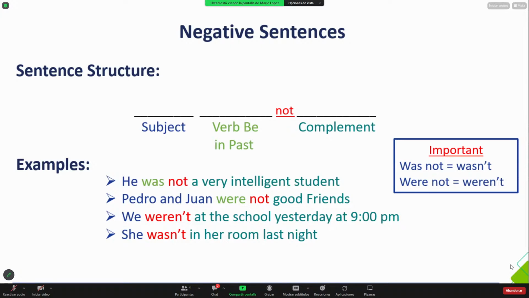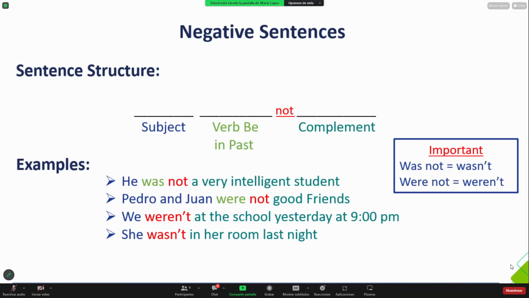We can use was not or wasn't, were not or weren't in negative sentences in past tense, but was not and were not are more polite than wasn't and weren't.